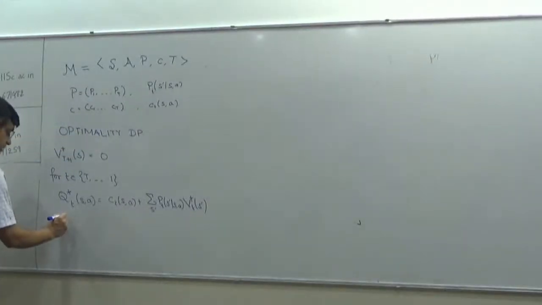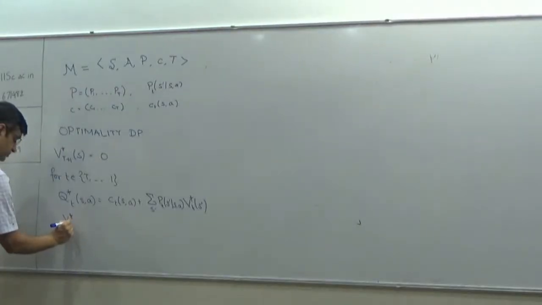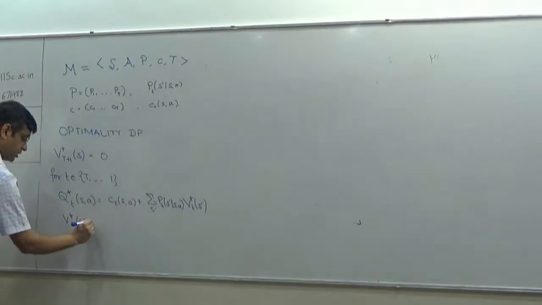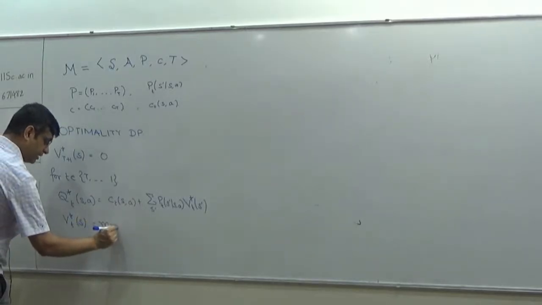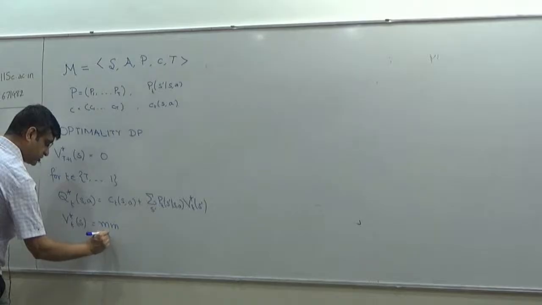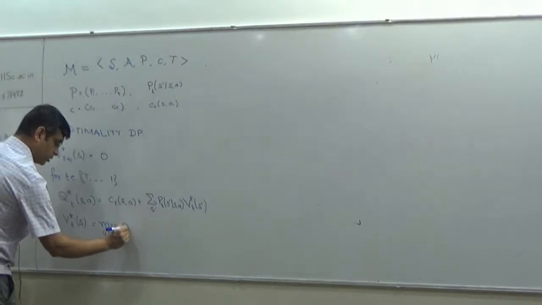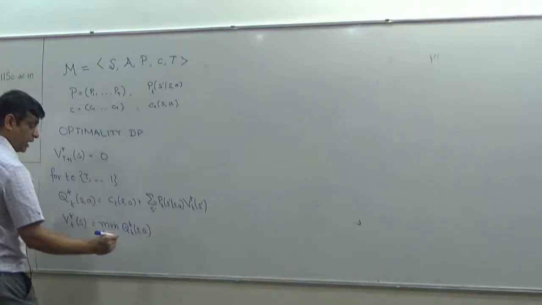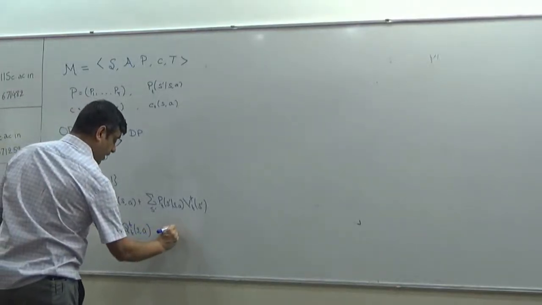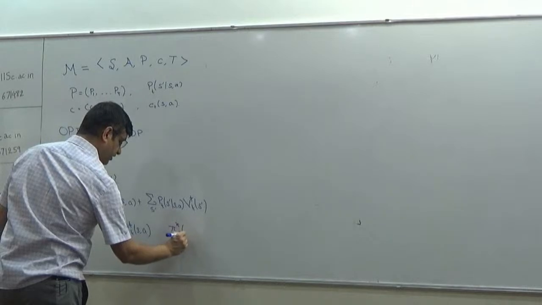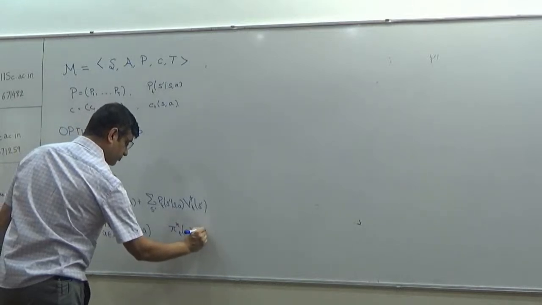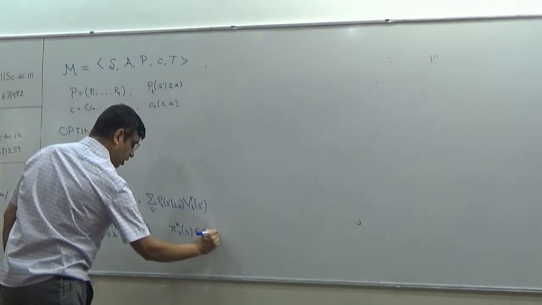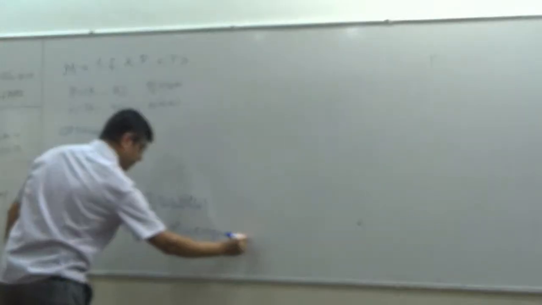Then we compute V star t of S to be the minimization over actions of q star t of S A, and define pi star t of S to be one of the argmins of this step.